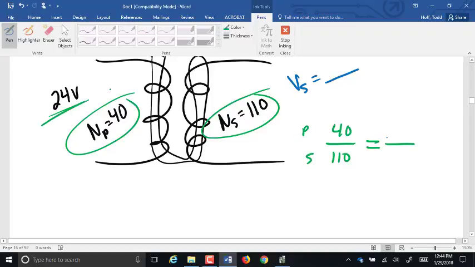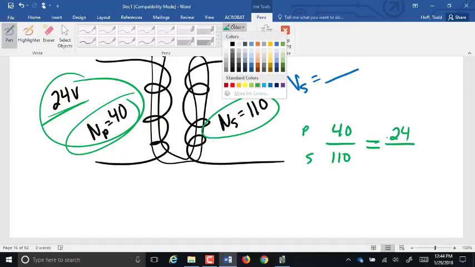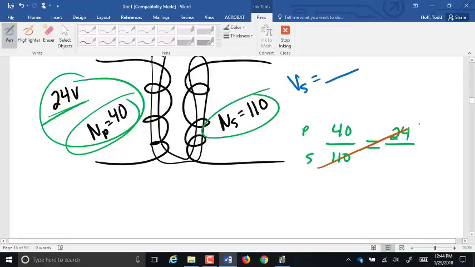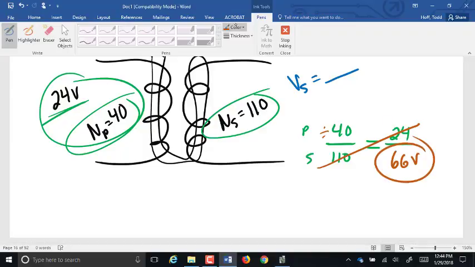The 24 then goes with the primary. Just as long as primary goes with primary and secondary goes with secondary, it doesn't matter which one goes on top. Cross, multiply, and divide. 110 times 24 divided by 40. 66 volts. Very good. Any questions on those?